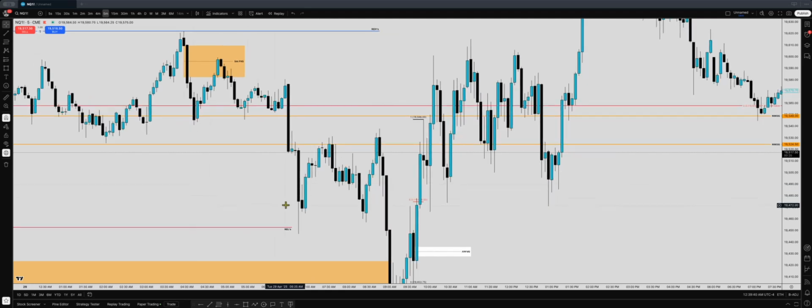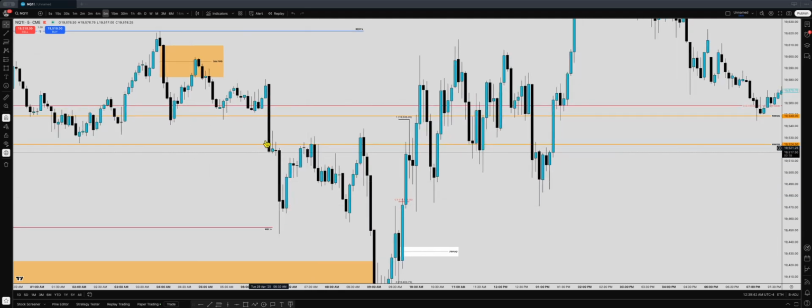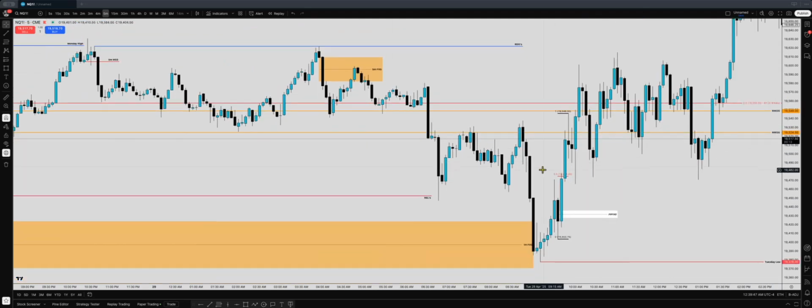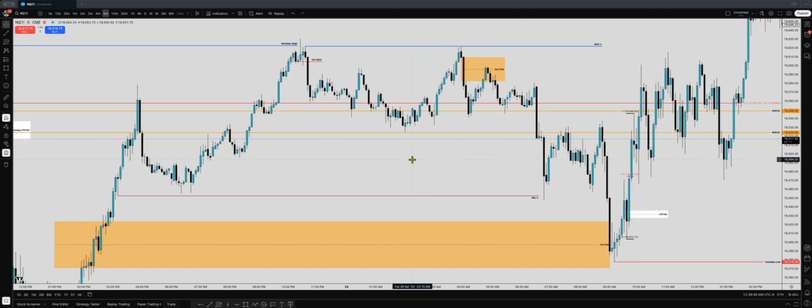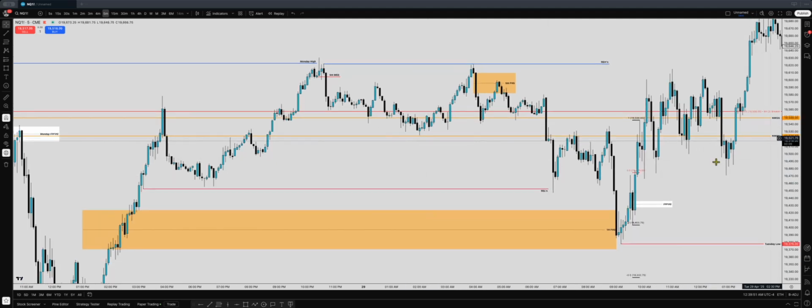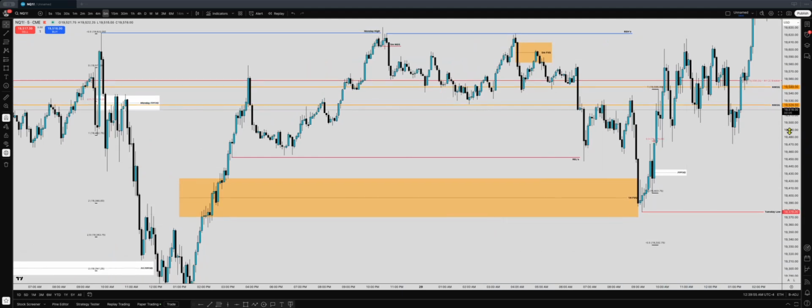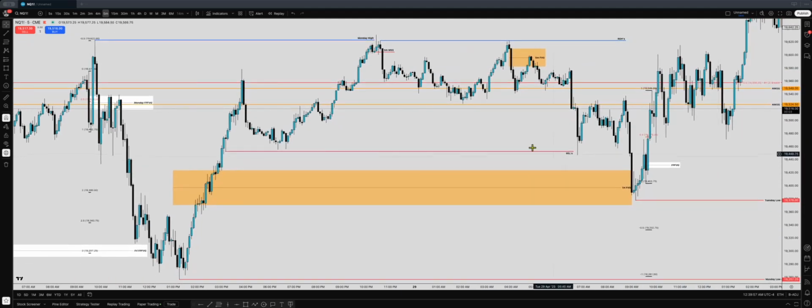And then, so now we're down here. We're in a discount relative to where we were from the previous day's range, right? So let me just shrink this a little bit.